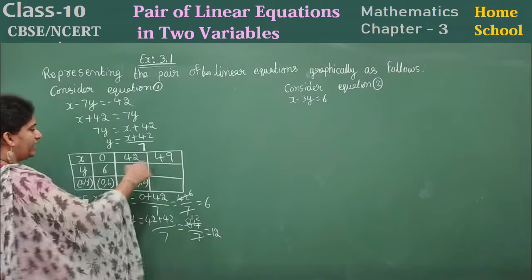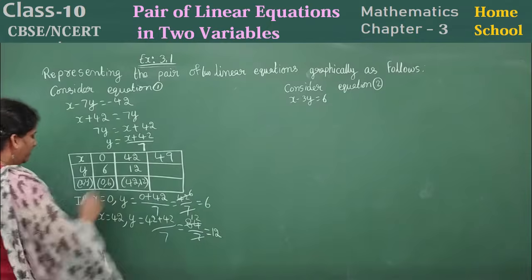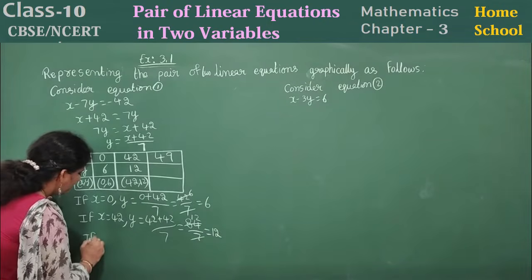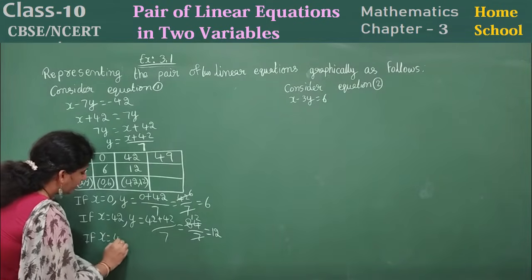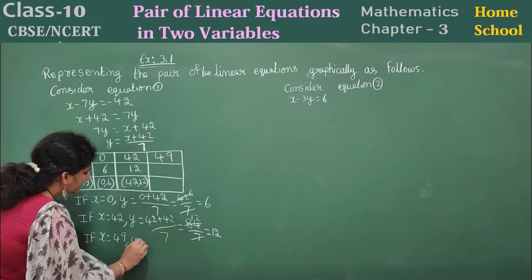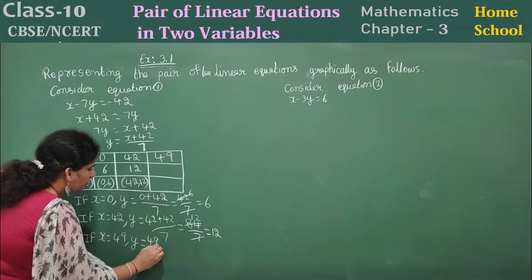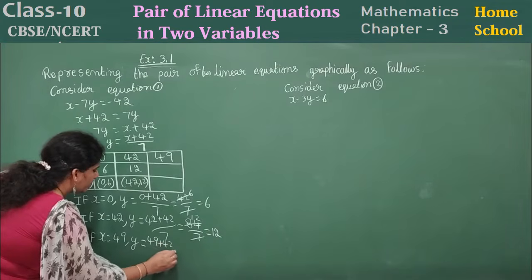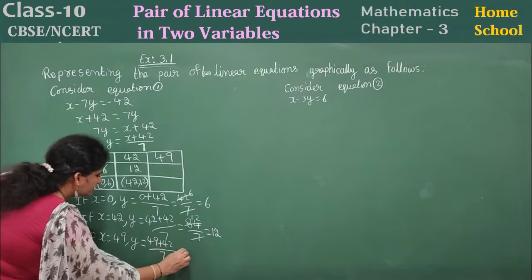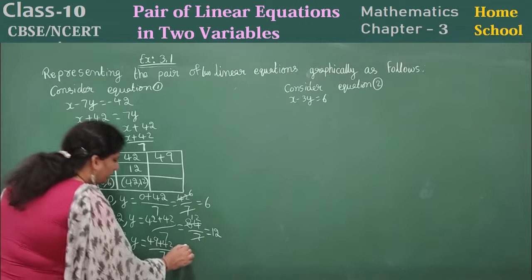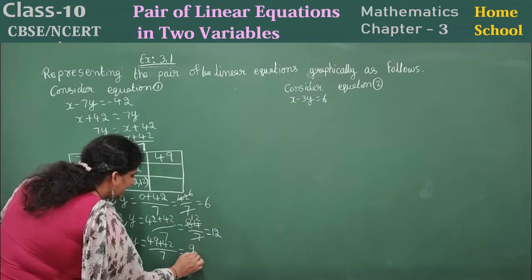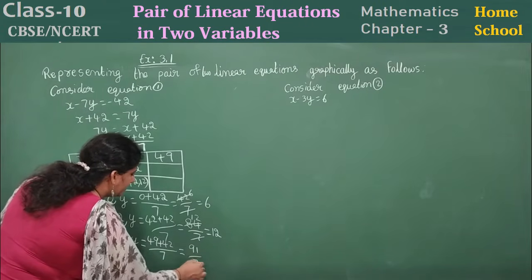Okay. So next, coming to your third one, if x is equal to 49, in x please substitute 49. y is equal to 49 plus 42 by 7. That will be 91 by 7.